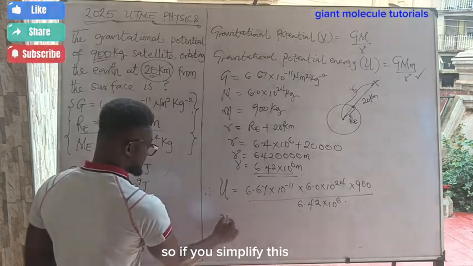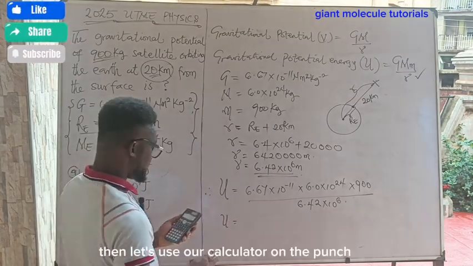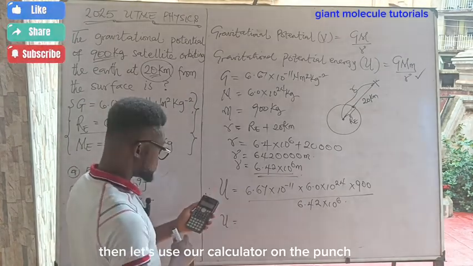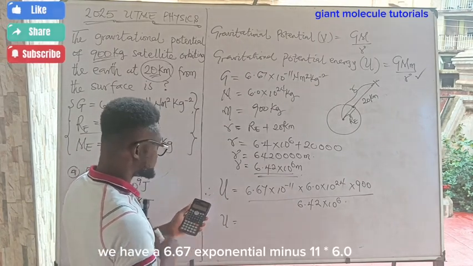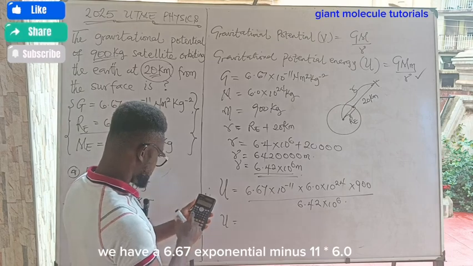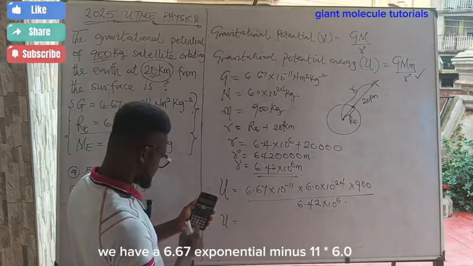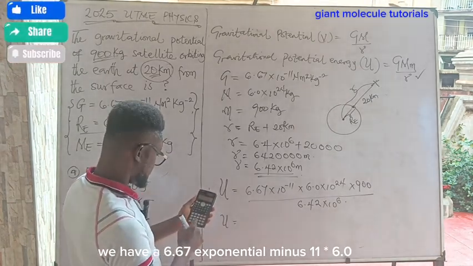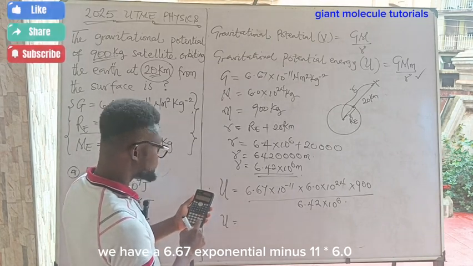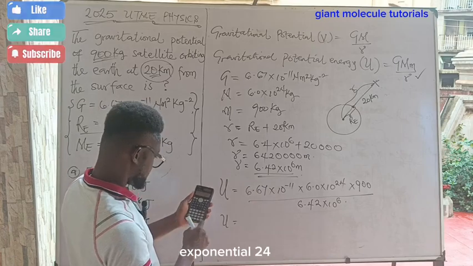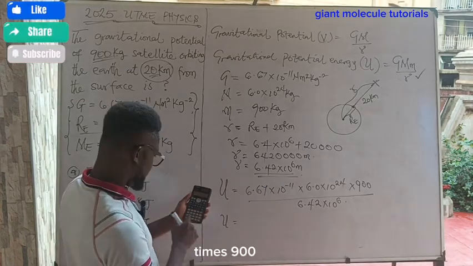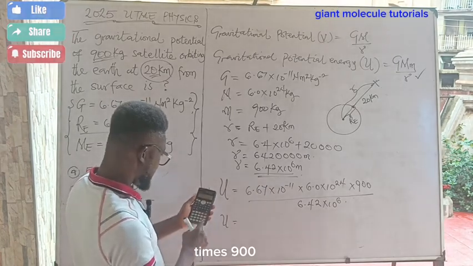So if you simplify this, then let's use our calculator and punch. We have 6.67 exponential minus 11 times 6.0 exponential 24 times 900.